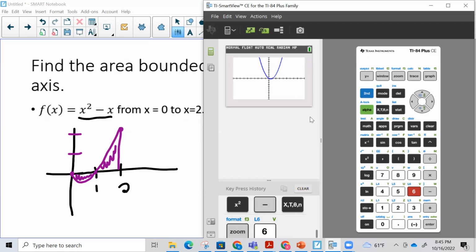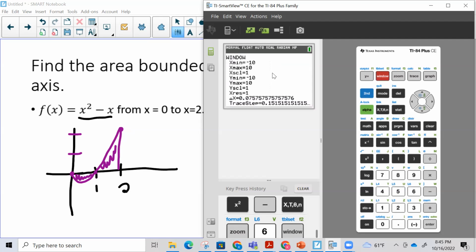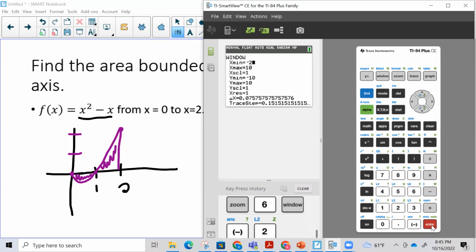And because we already found the x-intercepts, we know it crosses the x-axis at 1, so we need to be more zoomed in. So for your window, we want our x to be from 0 to 2, so I would do a little bit below 0 and a little bit above 2 to get a better idea, maybe like -2 to 4, and then graph it.